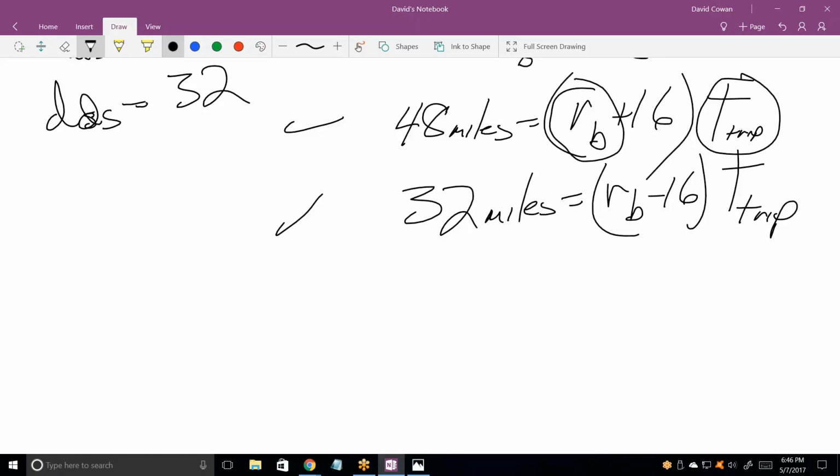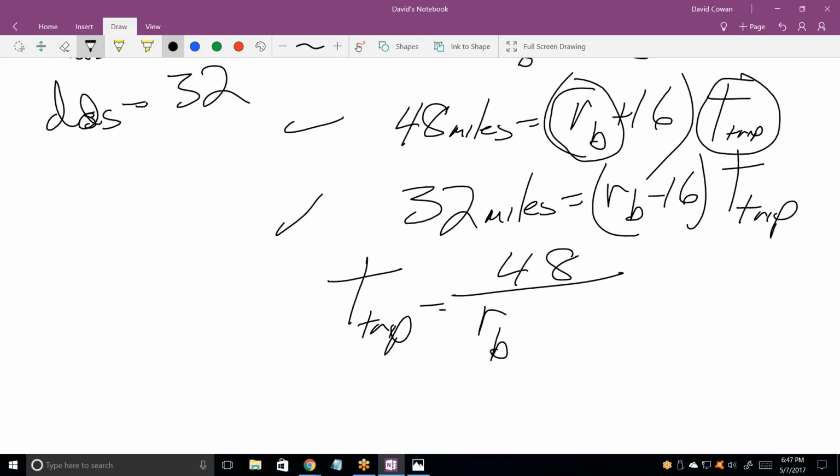So, the best way to solve this is to make, in the first equation, the time of the trip equal 48 divided by the speed of the boat.